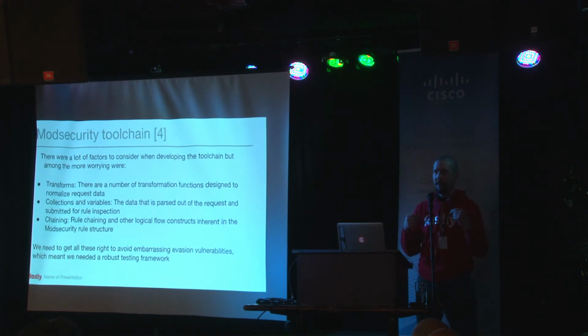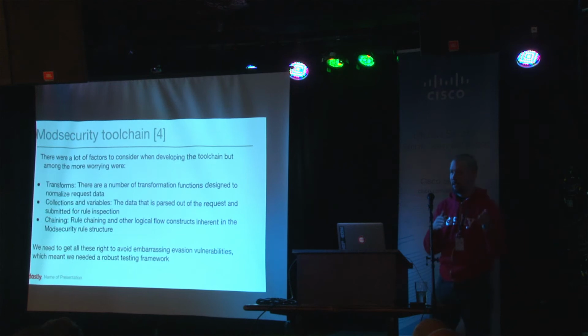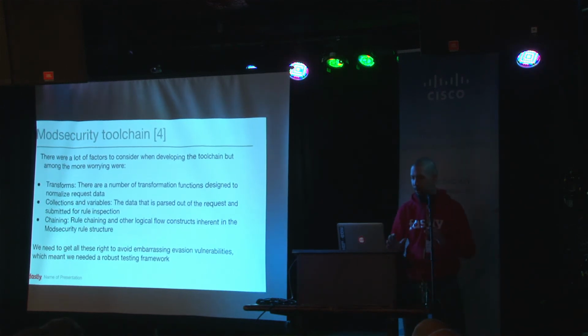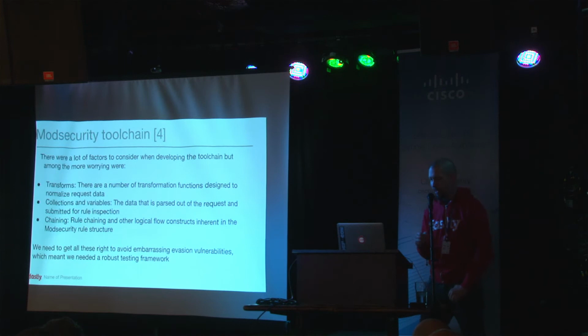For instance, there's a to-lower transform, which converts the data to lowercase. If you didn't have that transform, you would need a rule for uppercase and a rule for lowercase, as an example. But there's all kinds of stuff like decoding JavaScript, hex encoding, HTML entity encoding, et cetera. So it was really important that we did things exactly the same.